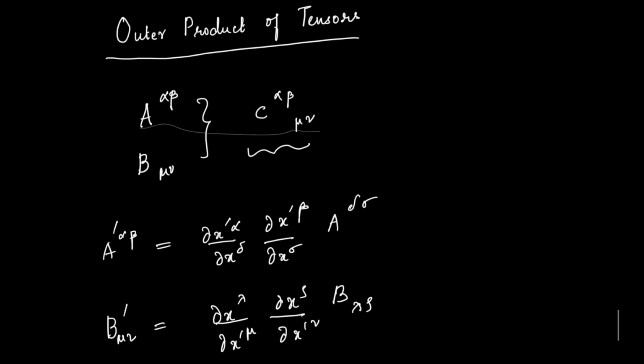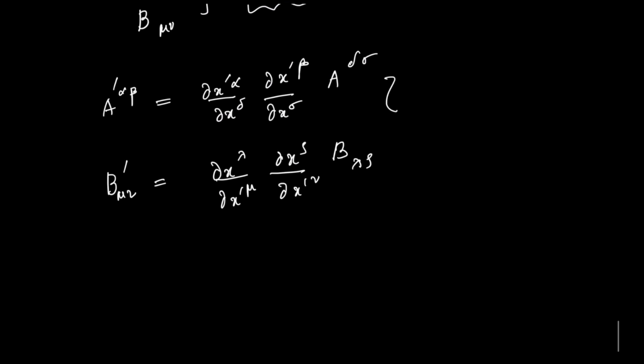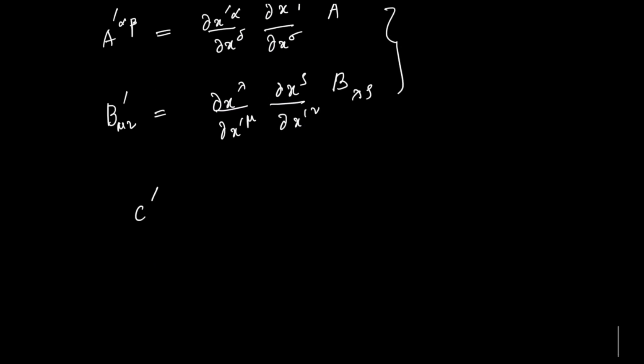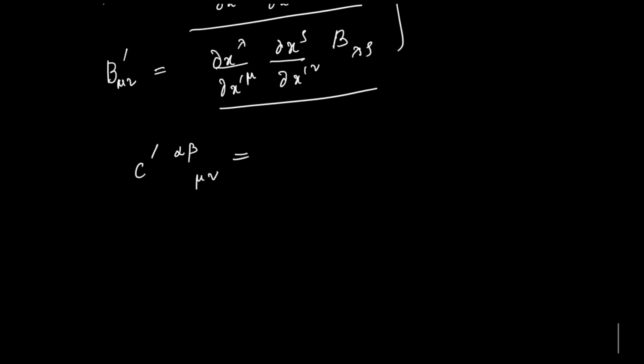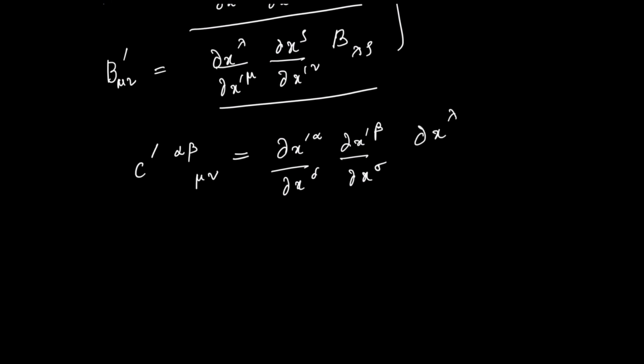Then their outer product C prime alpha beta mu nu will be, I have to take the outer product of the right hand side, that is partial derivative of x prime alpha with respect to x delta, x prime beta with respect to x sigma, then partial derivative of x lambda with respect to x prime mu, x rho with respect to x prime nu, A delta sigma and B lambda rho.